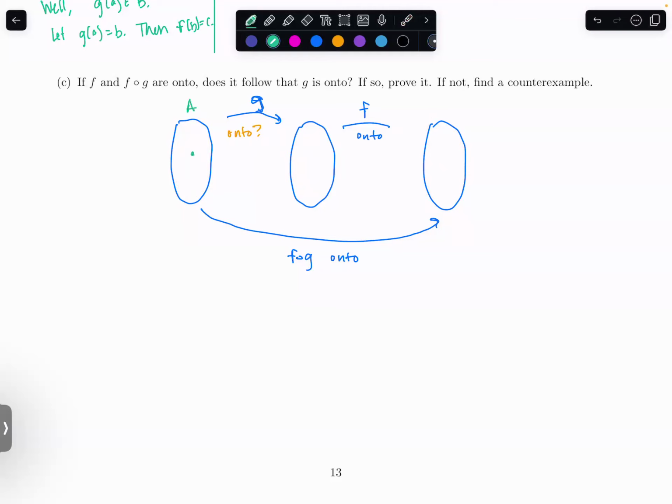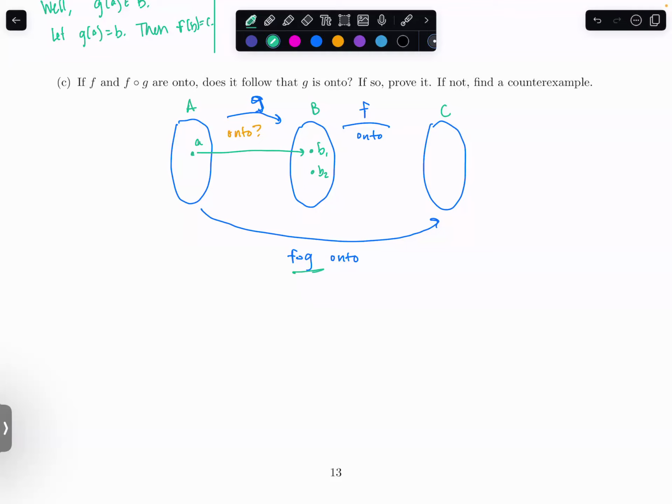So this is your set A, this is your set B, and your set C. If you have an element over here, A, and it maps into, but not onto this set, call this b1. And let's suppose we have another element, b2, that's not hit. Can we still make f and f of g onto?